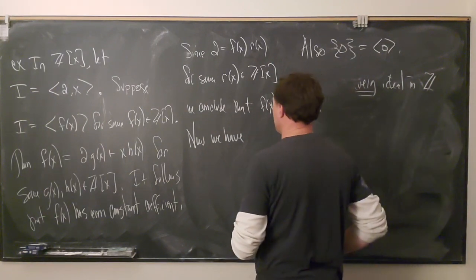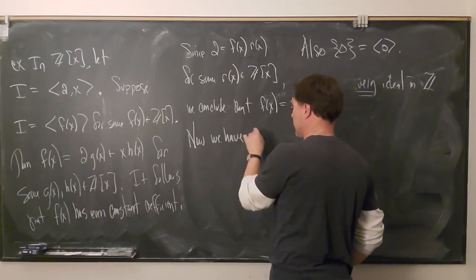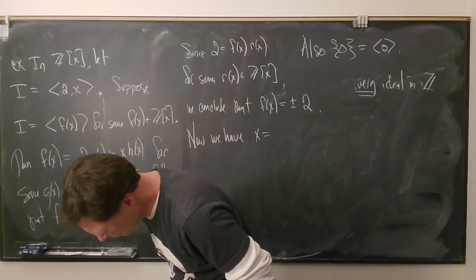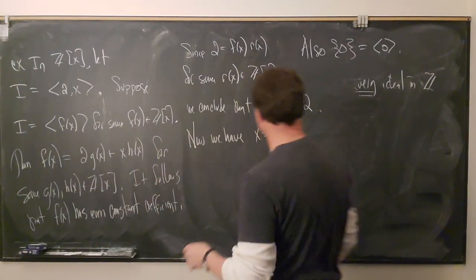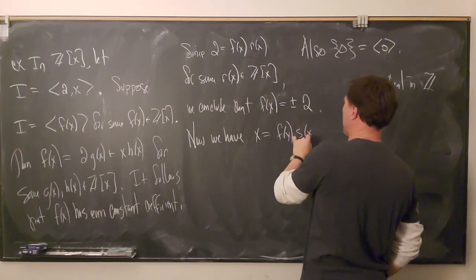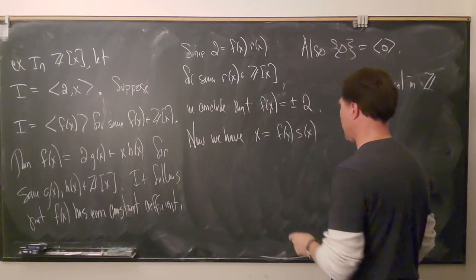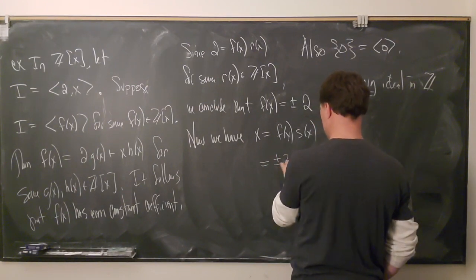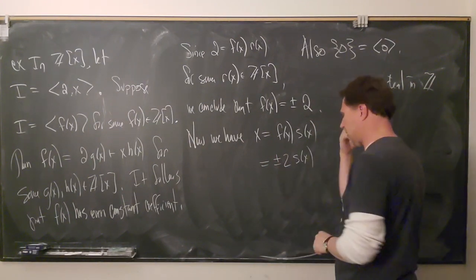So now we have also x lives in there. So x, because it's in there, equals f(x) times some polynomial s(x). That's going to equal plus or minus 2 times polynomial s(x).